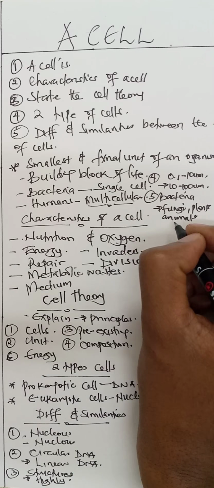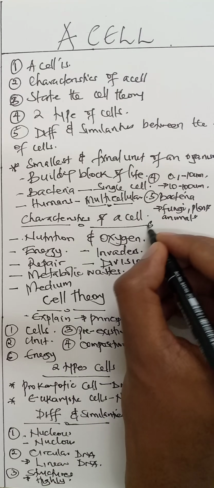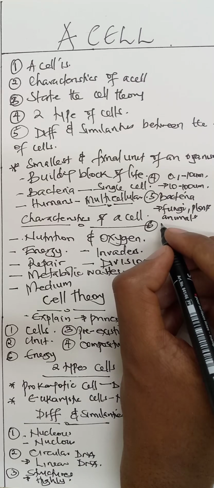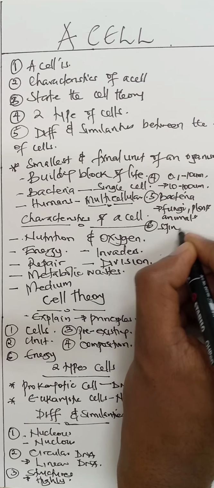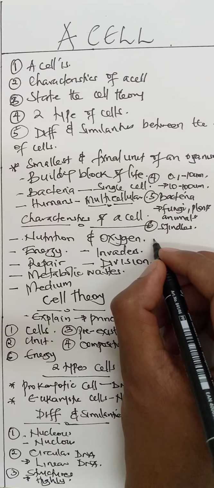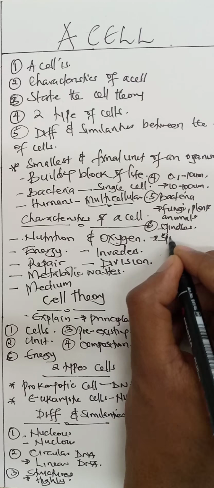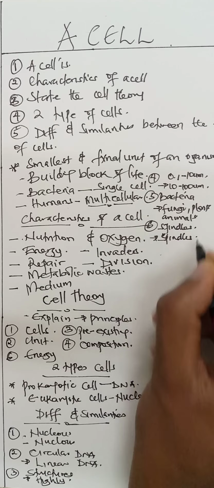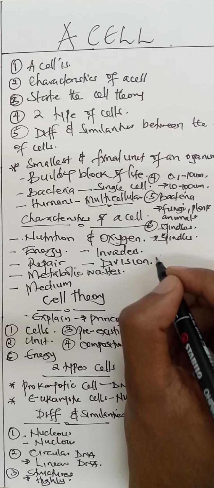All those are eukaryotes. Of course, the other key difference is that prokaryotes don't have what we call mitotic spindles. However, eukaryotes have mitotic spindles, and these mitotic spindles are very important in the whole process of cell division.